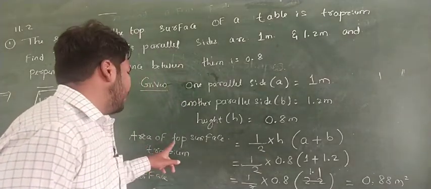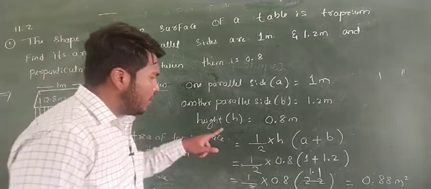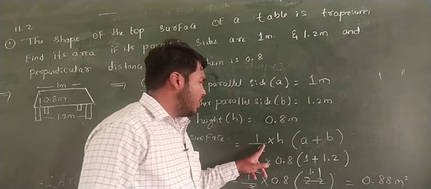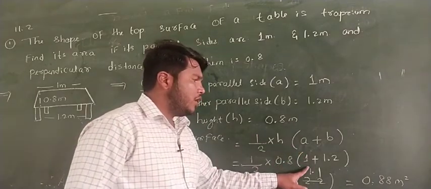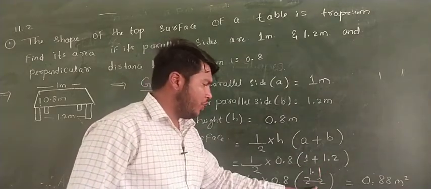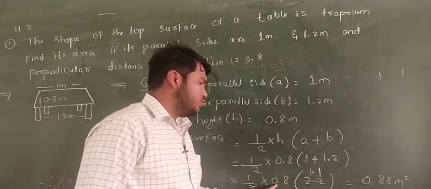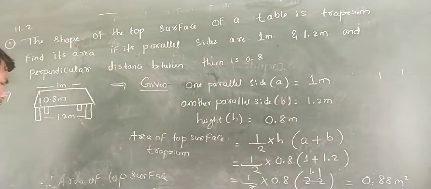You already derived the area of a trapezium as half into altitude into the sum of the parallel sides, that is half into H into A plus B. So half into 0.8 into 2.2, cancel, 2 ones are 2, 11s are 22, so 1.1 into 0.8 gives 0.88 meter square. So finally the area of the top surface is 0.88 meter square.